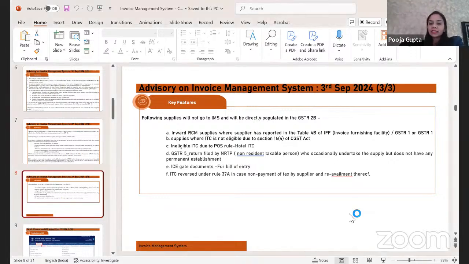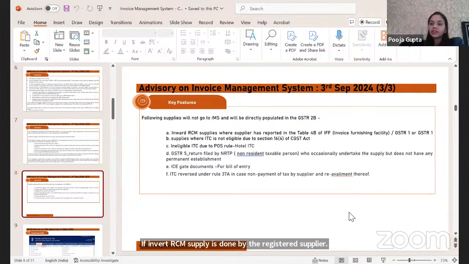If inward RCM supply is made by a registered supplier, they will show that supply in their GSTR 1 as an RCM supply. But it is not going to be part of the IMS dashboard. It will become part of the GSTR 2B, but not part of the IMS dashboard.